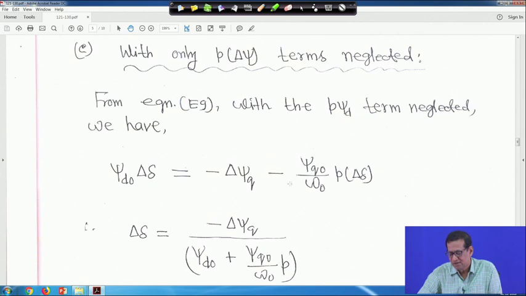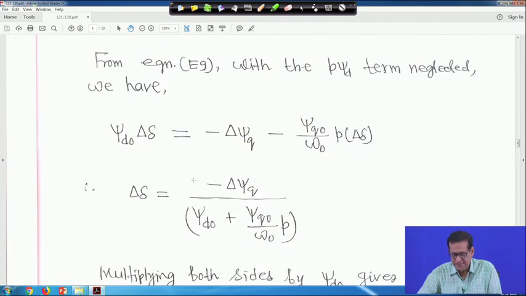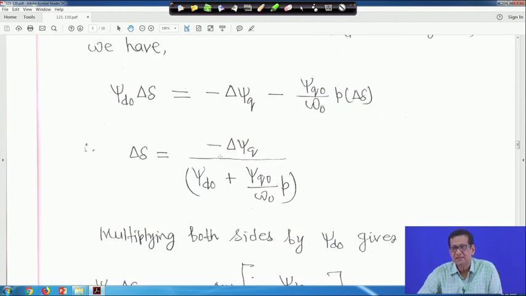minus delta psi q minus psi q 0 upon omega 0 p delta delta, right. Or if you rearrange, delta delta will be minus delta psi q divided by psi d 0 plus psi q 0 upon omega 0 p. This is delta delta.